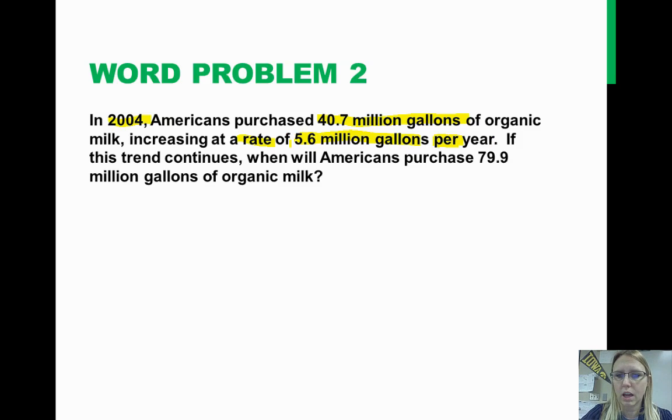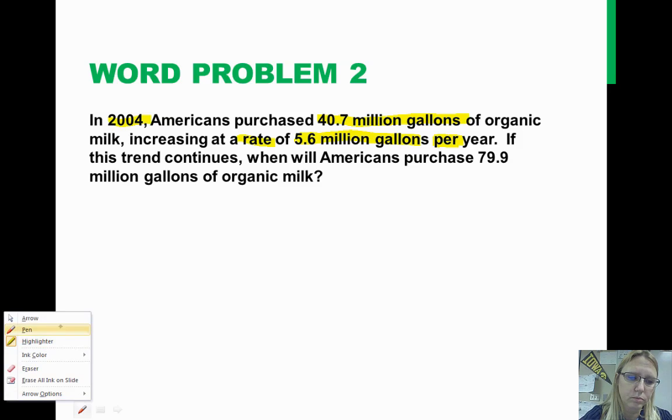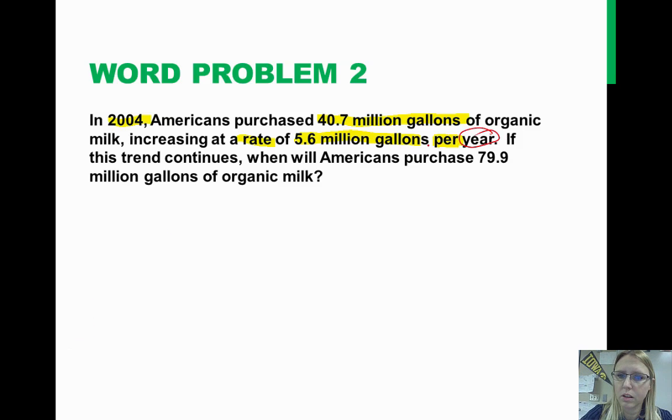So it looks like we're looking at a variable of years. If this trend continues, when will Americans purchase 79.9 million gallons of organic milk? So first of all, we need to set up our equation. We know that in 2004, 40.7 million gallons were purchased, and I'm just going to have that on the left side of the equation.